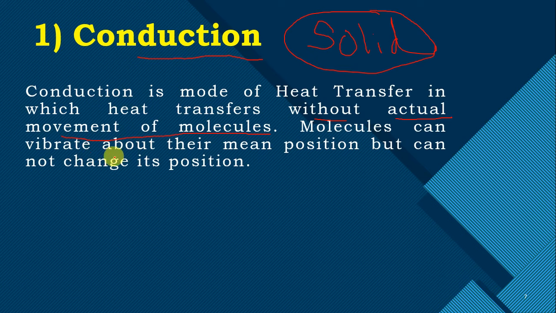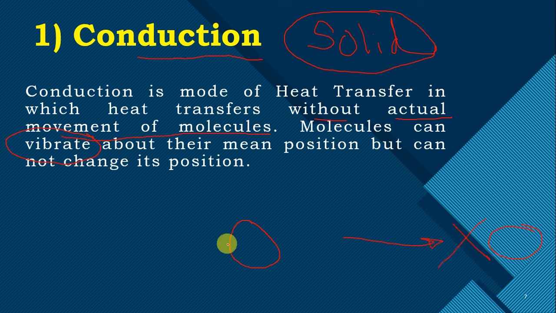Molecules can vibrate about their mean position but cannot change their position. Molecule can vibrate but cannot leave its position, and that you have to understand. Let's consider this is the molecule of any solid part. This molecule will not leave its place, meaning it will not transfer to another place, so this movement is not allowed.